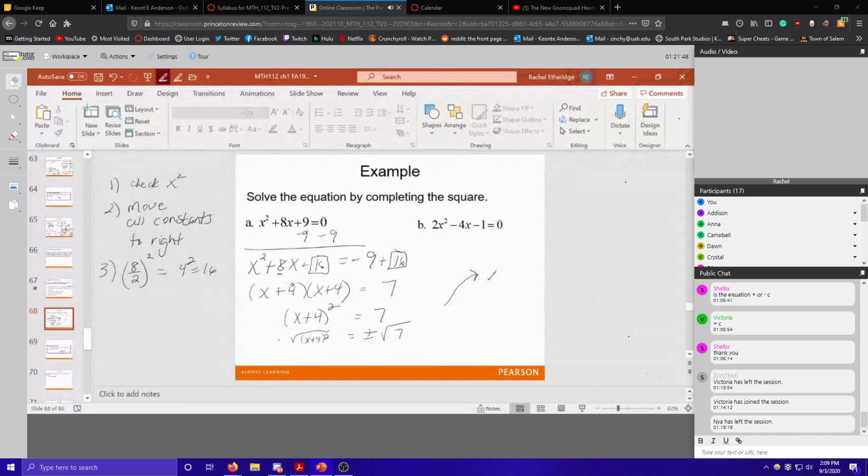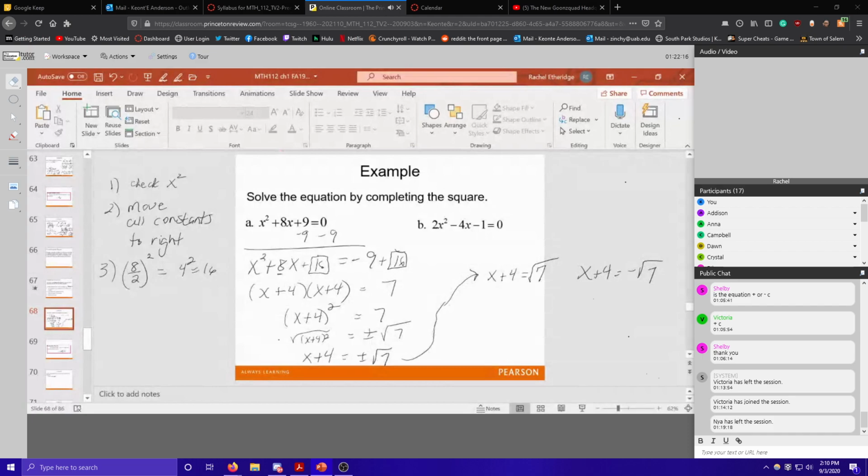So that's going to give me the square root here, leaves me with just x plus 4 equals positive square root of 7, or negative square root of 7.